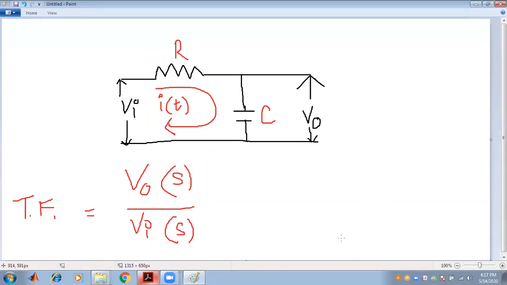Let us discuss. You can easily find the value of i(t). If this is V0, this part is also V0. So how to find the current i(t)?